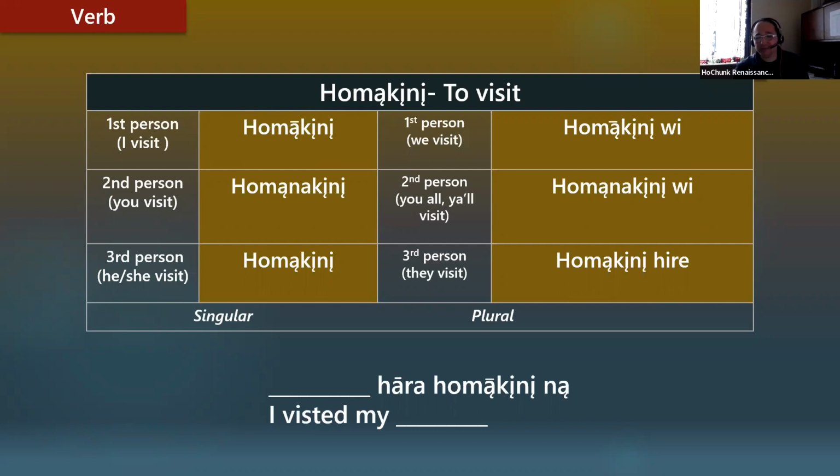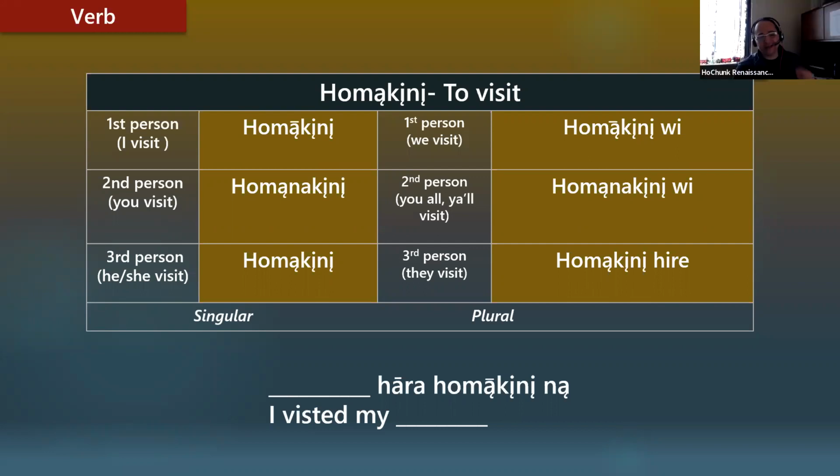Homanakinina. Correct. As we keep going, how would we say you visited my grandmother? We'll try hirokana. You visited my grandmother. Ikroke hara homakinina.